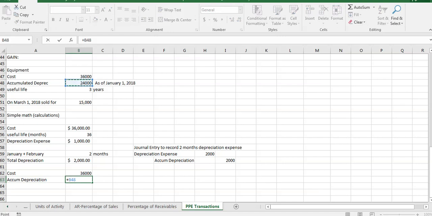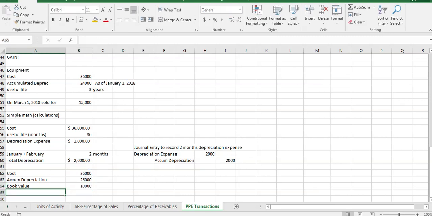So now our book value is 36,000 less 26,000. So we have 10,000, a book value of 10,000. Let me clean this up so it will look good.